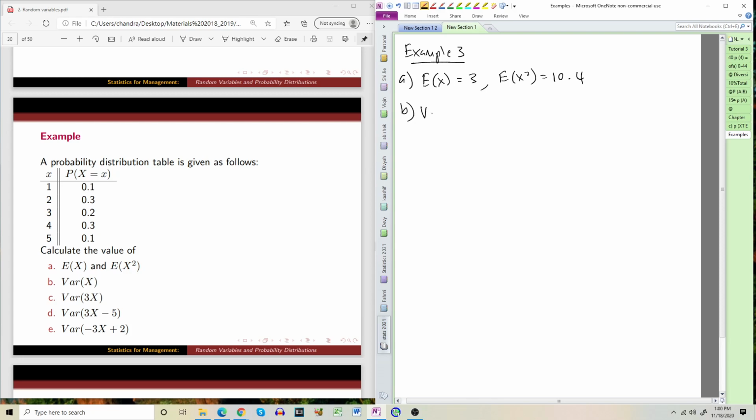Variance also I taught you just now, 1.4. For C, variance of 3x, I'll tell you what to do. Let me write the answers first.